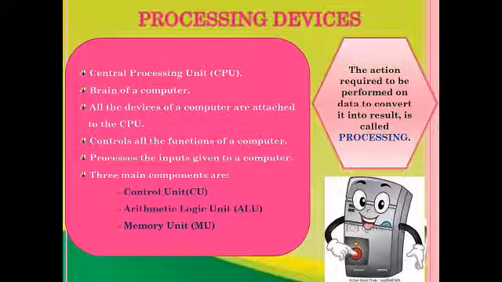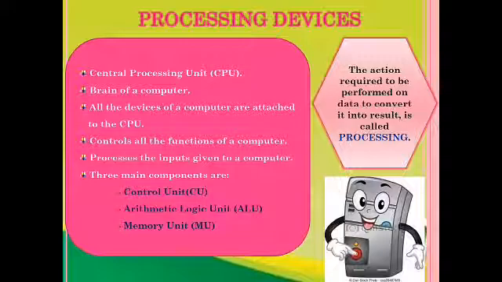A computer CPU is composed of billions of transistors. Because CPUs are so small, they are often referred to as microprocessors. The CPU is inserted directly into a CPU socket, pin side down, on the motherboard.